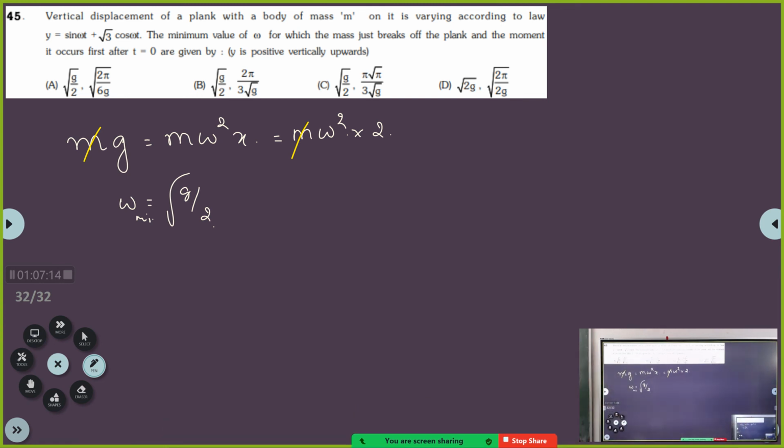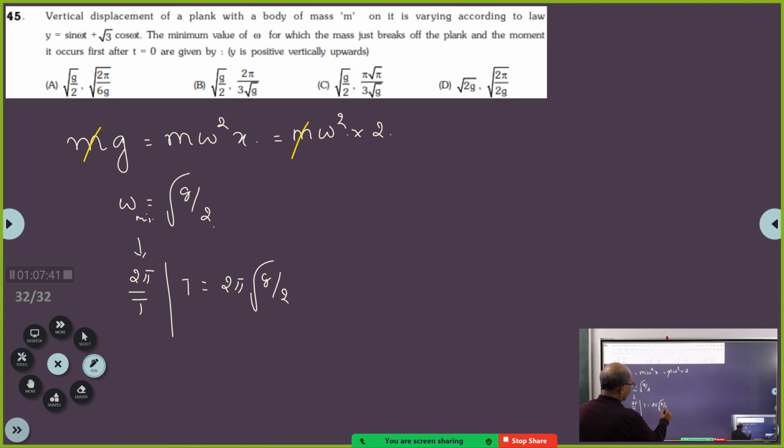So the time is something that you have to get. If you know the time period, you can know this. Omega we will get from that. So this will become 2 pi by omega, right? Therefore, you are going to get here T is equal to 2 pi into root of g by 2.